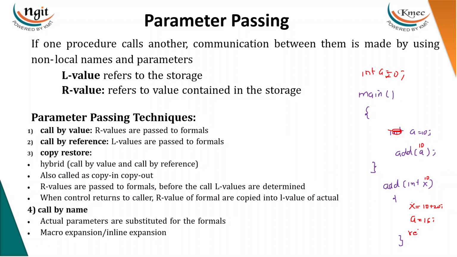Then when you return from this function add, what will happen? This a is actually given to which one? x. Then whenever this function returns, the current value of x will be copied to a. What is the current value of x? 30 will be restored to a. Right.